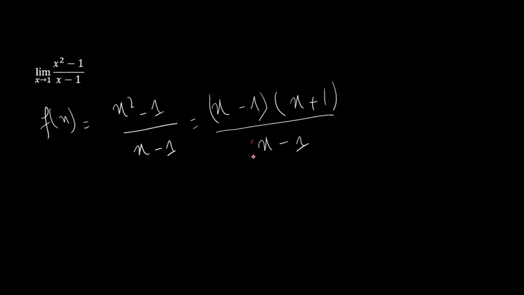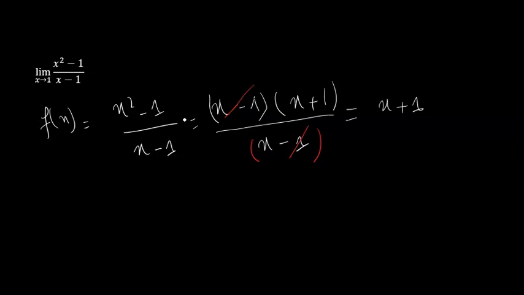Now we can see a common factor here is x minus 1. Then we can simplify x minus 1 with the other x minus 1. We will have f(x) equal to x plus 1.